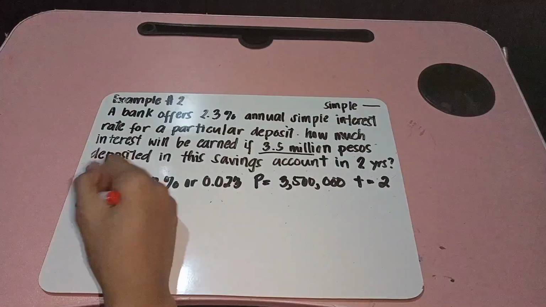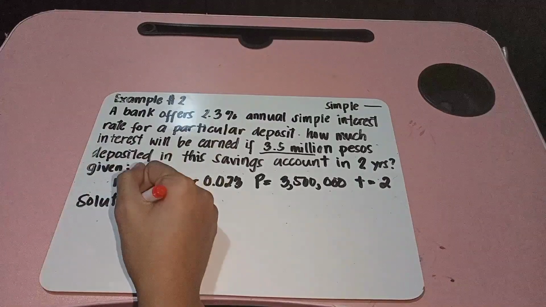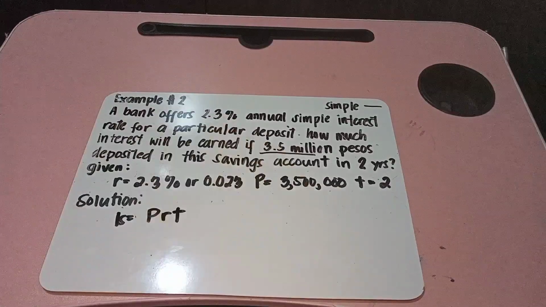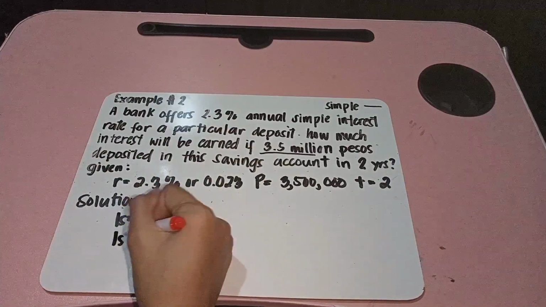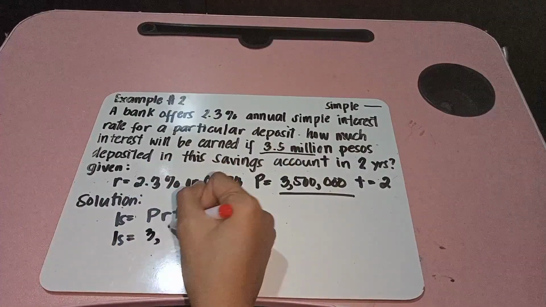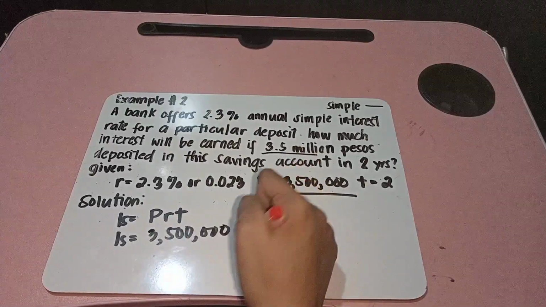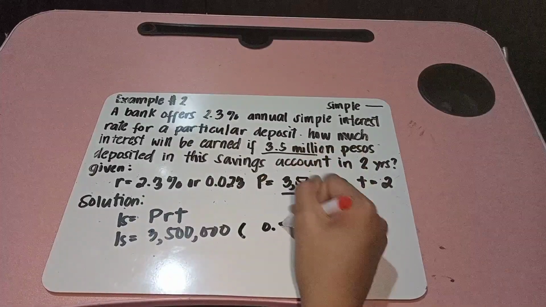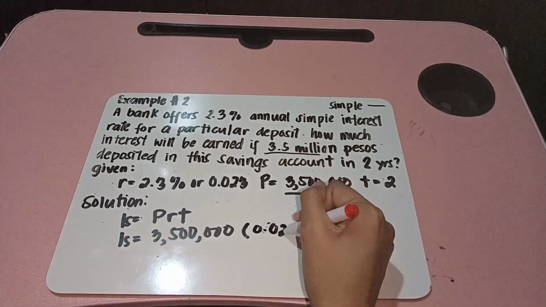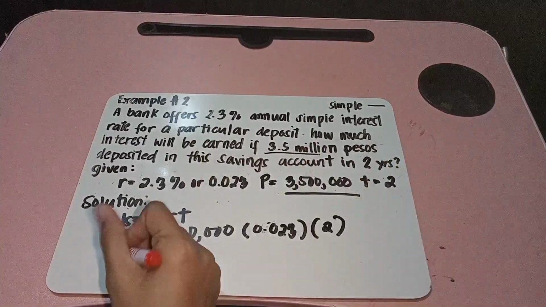So for the solution, we're going to use the simple interest is equals to P times R times T, is equals to 3,500,000 times 0.023 times 2.